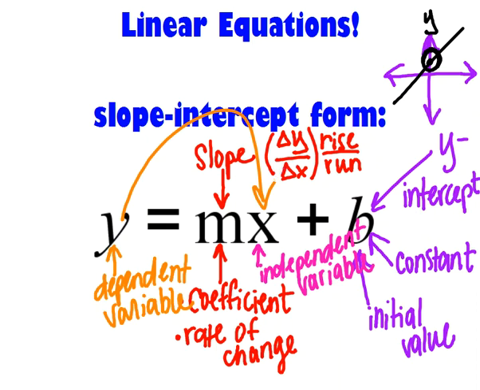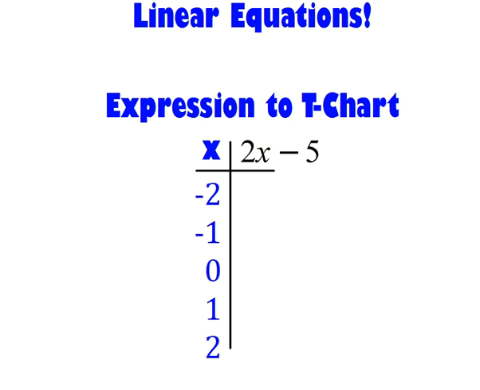So just a little overview of the slope-intercept form and what each one of those pieces means for us. Let's start with taking an expression and making it into a t-chart. You guys have done this many times, so we're just going to review. Here's your expression. You can go ahead and pick out your slope and your y-intercept, before I even take this to a t-chart. Your slope is your coefficient, so your slope would be 2.